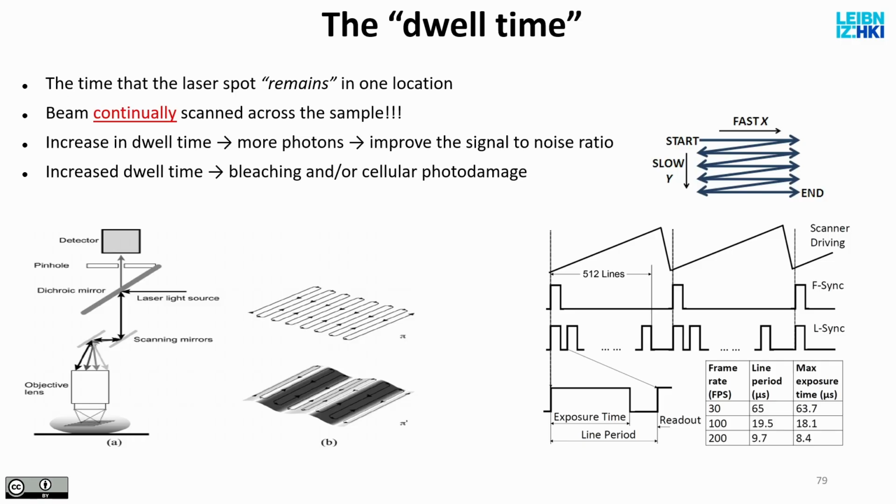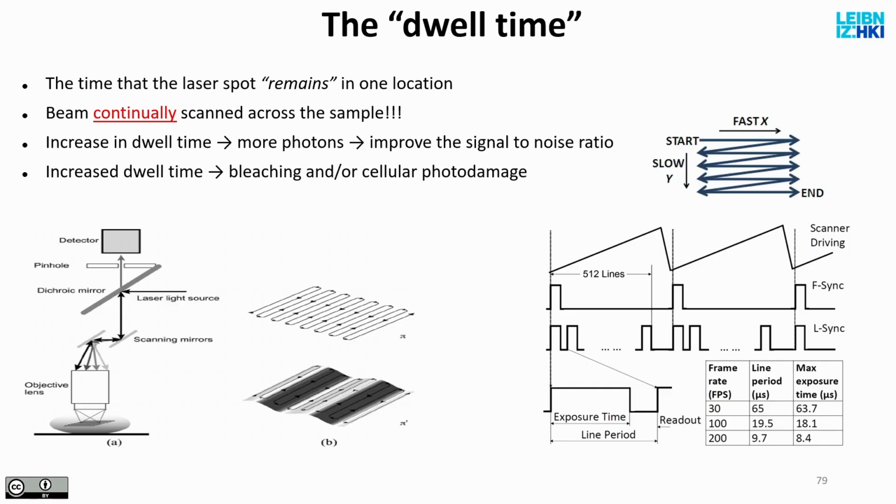It moves continuously. You see these scanners, they move all the time. So when we say a pixel is 100 nanometers, it doesn't mean that the laser beam stopped at the 100 nanometer spot and we collected the fluorescence photons with the photomultiplier tube and then moved to the next pixel. It moves continuously.